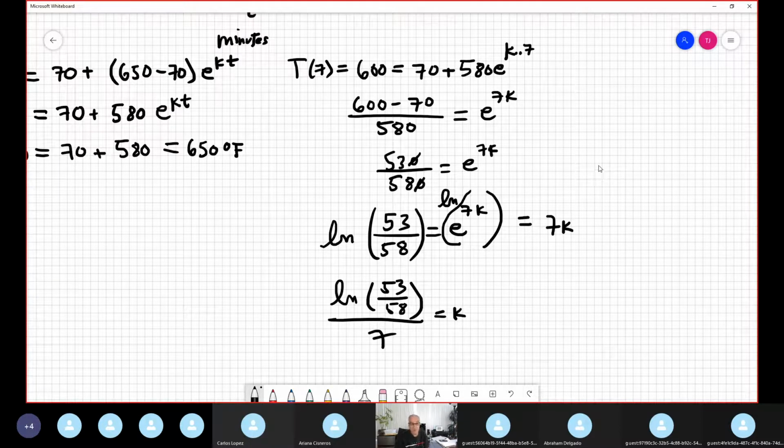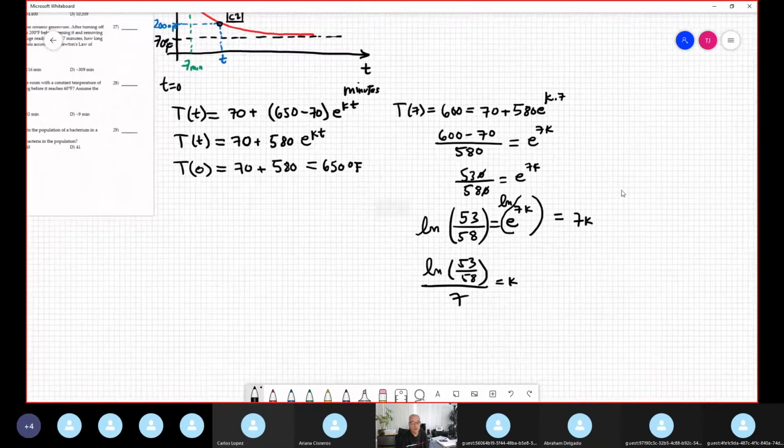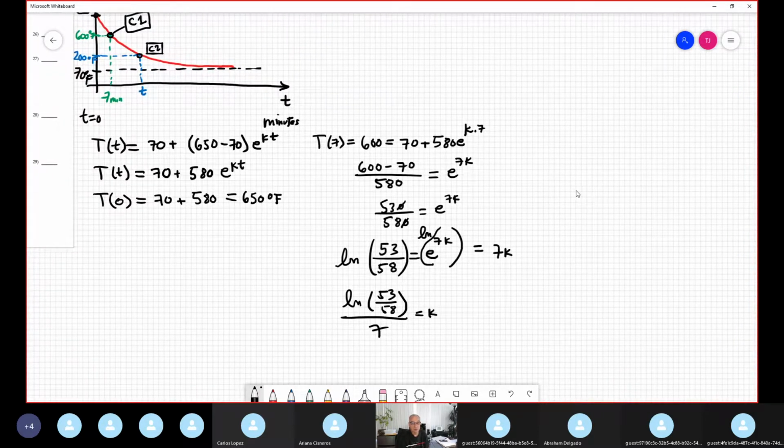Okay, moving on now to condition 2. In condition 2, you know the temperature, but you don't know the time. So the temperature is 200. 200 is equal to 70 plus 580 e to the kt. But k, I know. This is k.